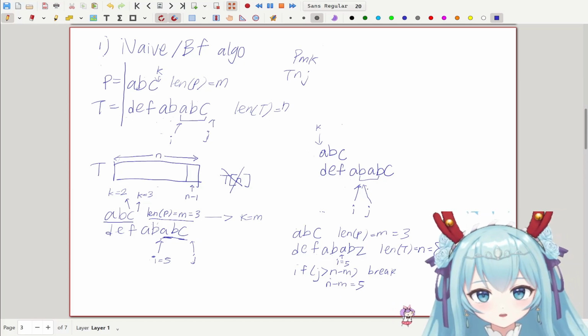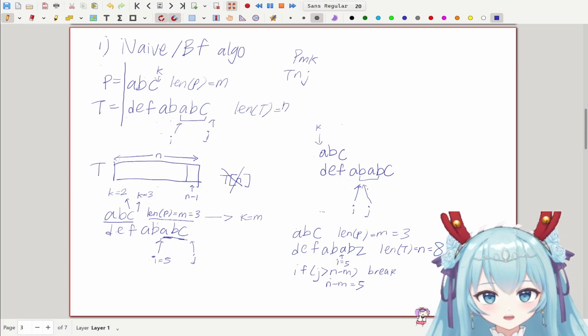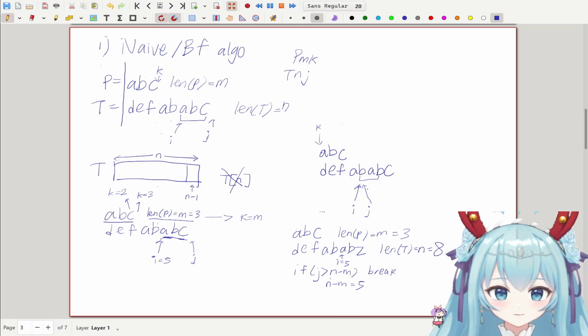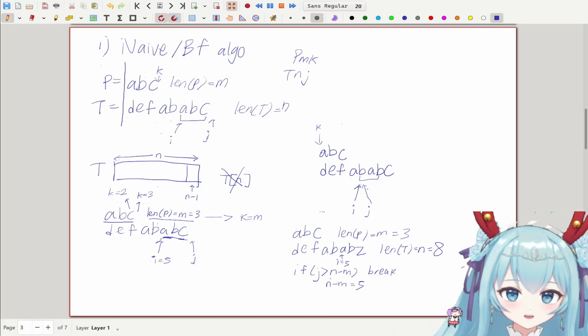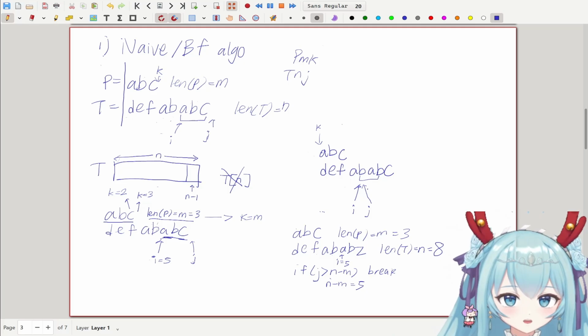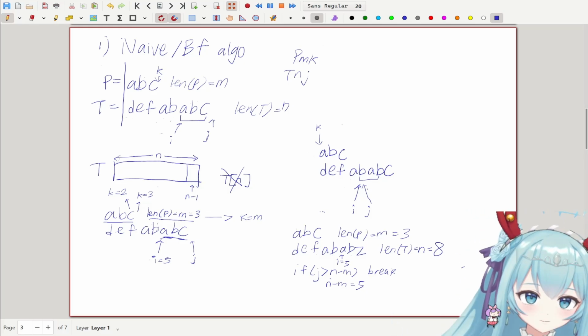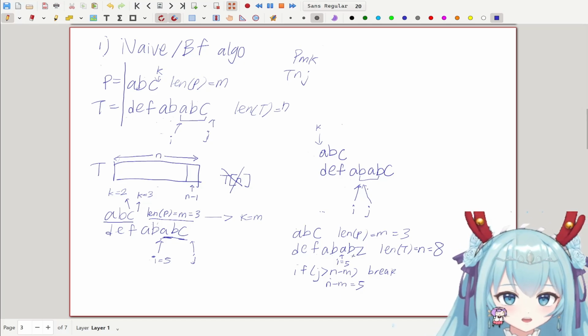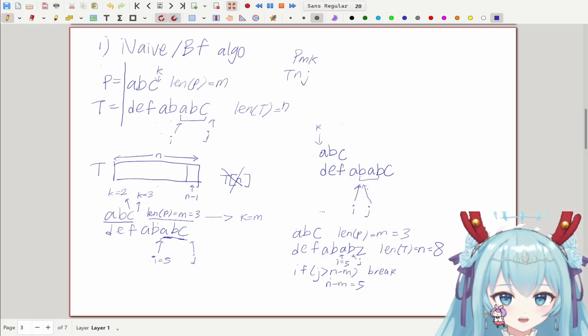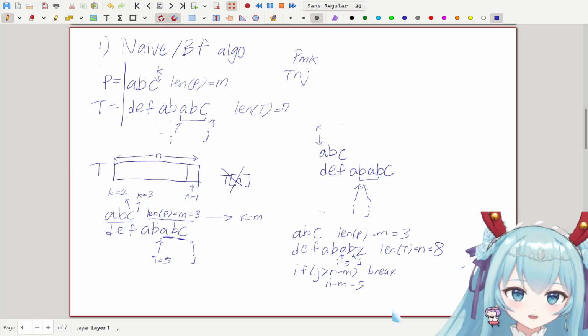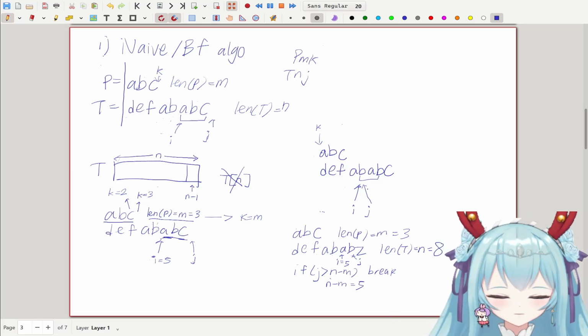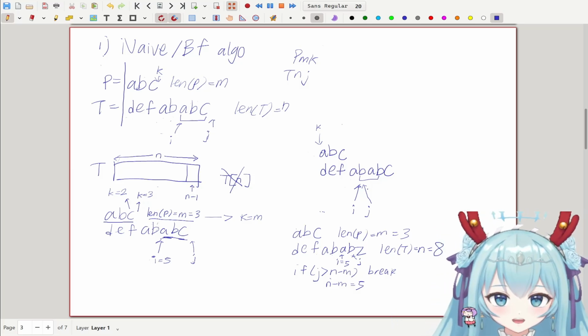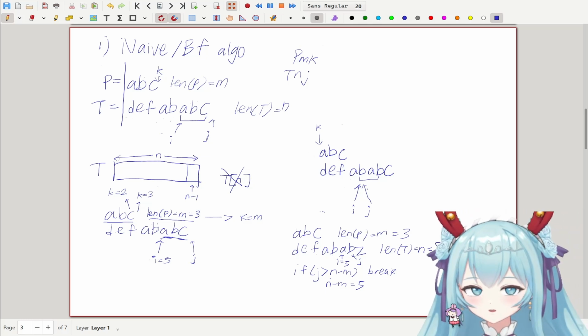So in this case, if J is greater than that index, so let's say J is over here, then we break already, because remember, let me go back to the code actually.